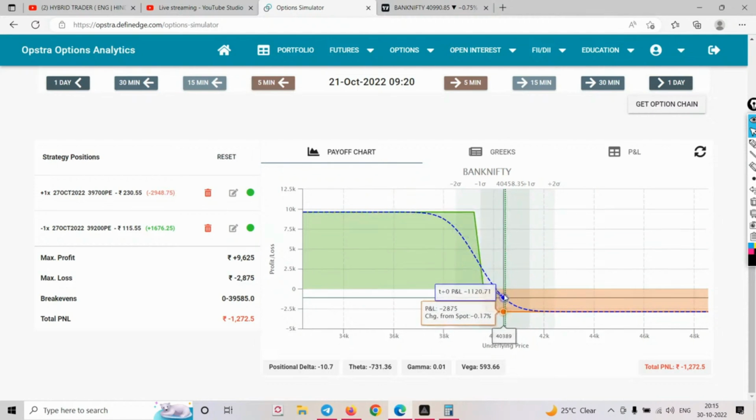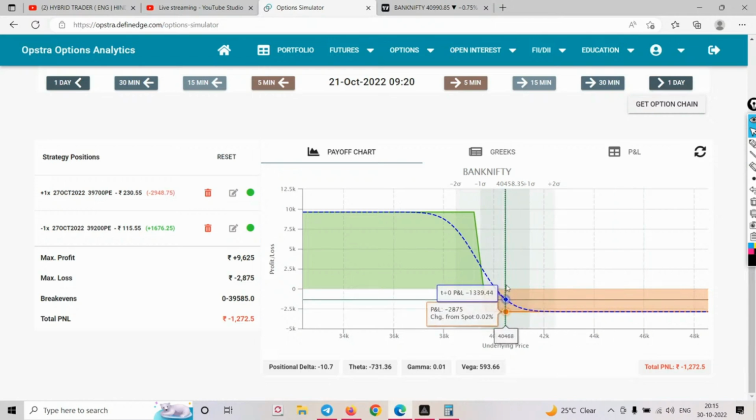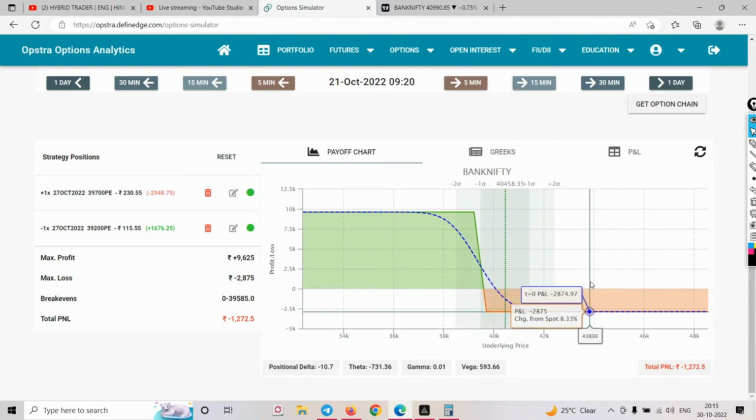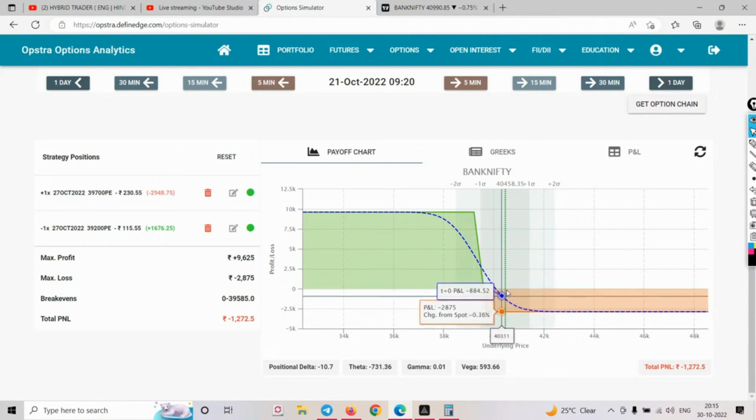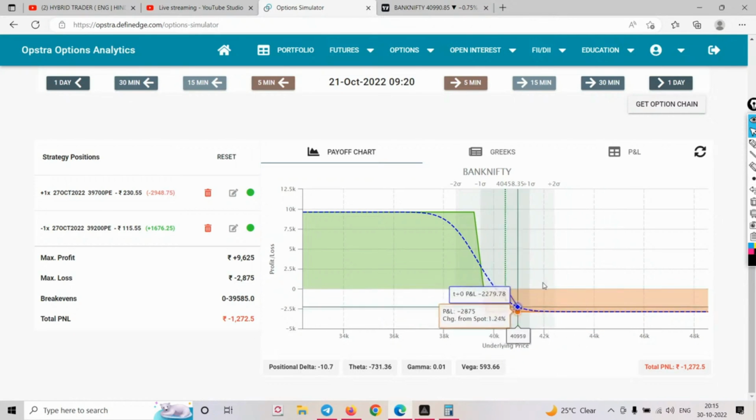Let's say the market keeps going up, which is against our trade. I'll ask you this question again: what are the best adjustments we can do? If the market is going up, which one will give you profit?